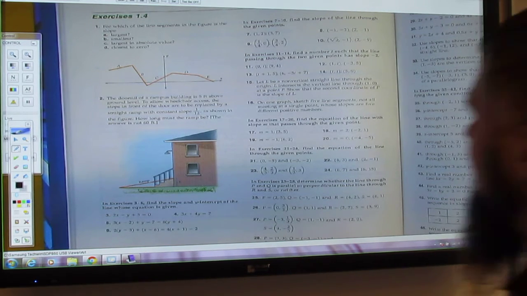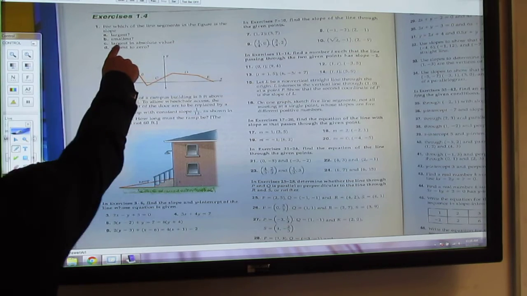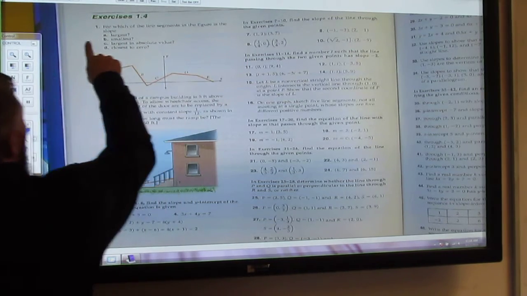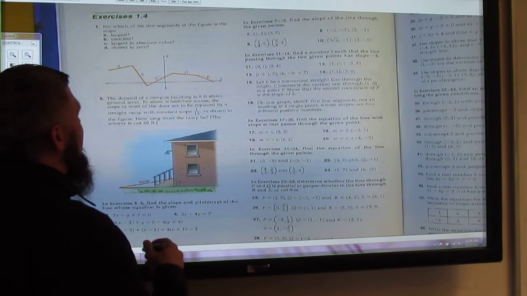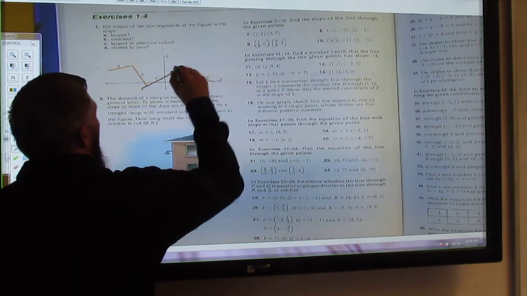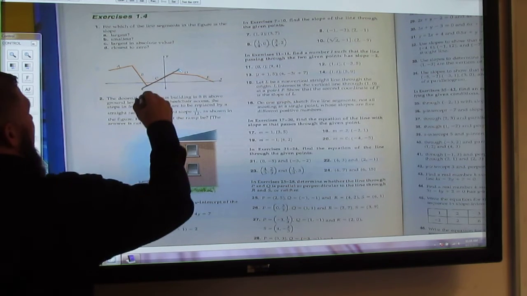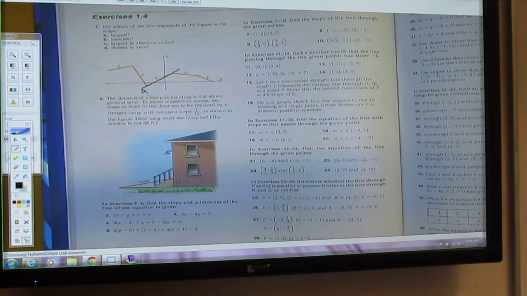Okay? First of all, it says, for which of the line segments in the figure is the slope the largest? So which one is the slope the largest? And so that means the steepest slope. And it looks like this guy right here. So that would be A. Okay?